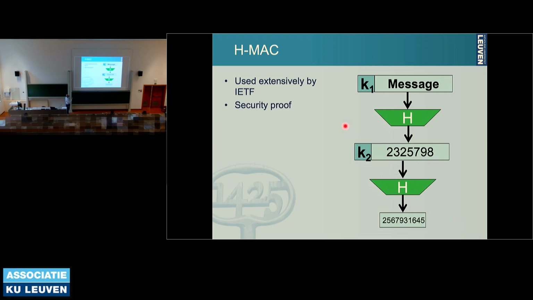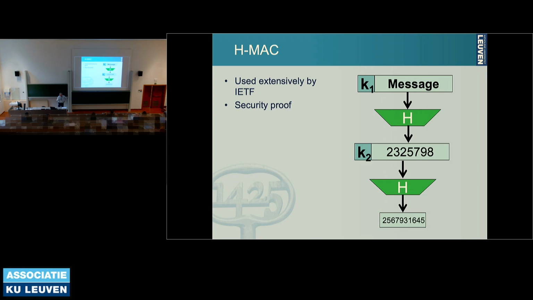They say, take the key and the message, hash it a first time, then take the key again, but again by flipping certain bits. It's not exactly the same key as the key there. And you add the output of the first hash function, and you hash that again, and then the output, that's your tag. This is called HMAC, so MAC based on the hash function.